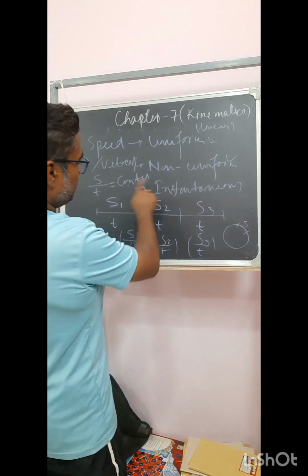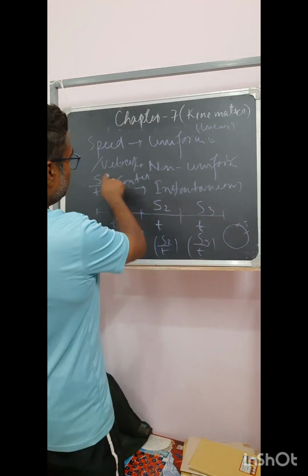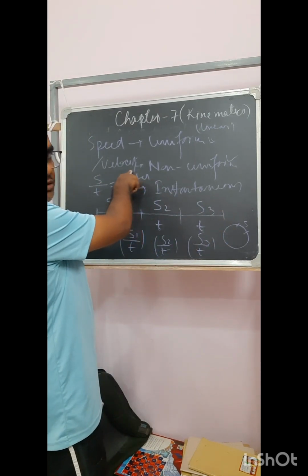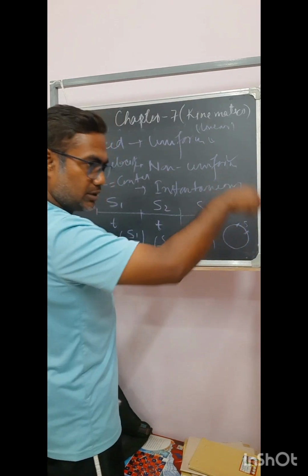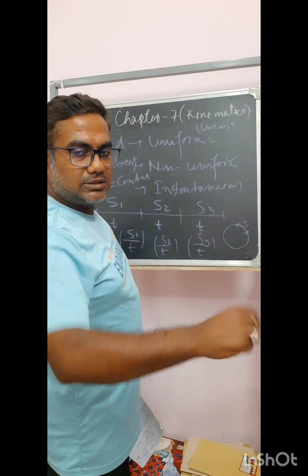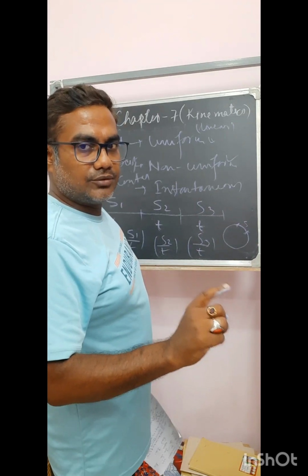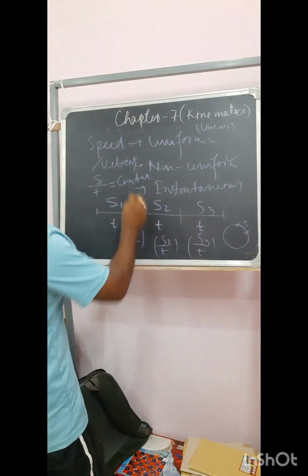So the direction will affect the uniformity of the velocity. Even though the same arc length is traversed, the direction is changing, so velocity will be non-uniform for circular motion. So that is a difference you can understand.